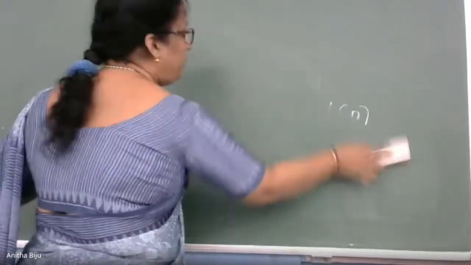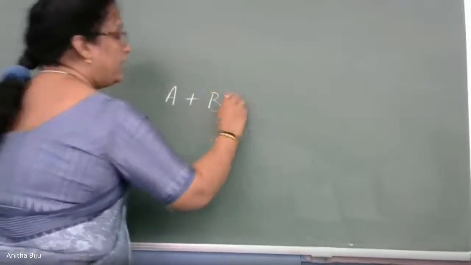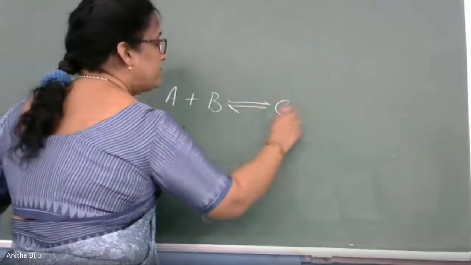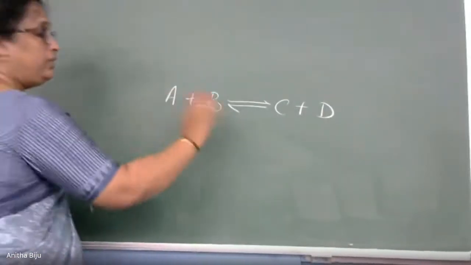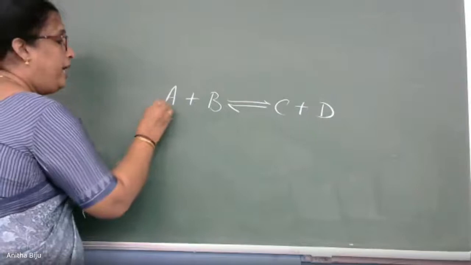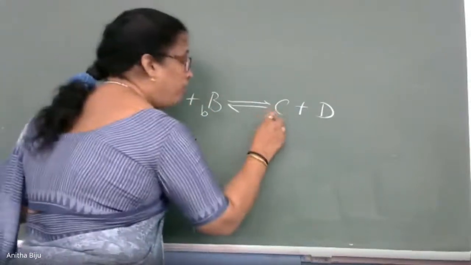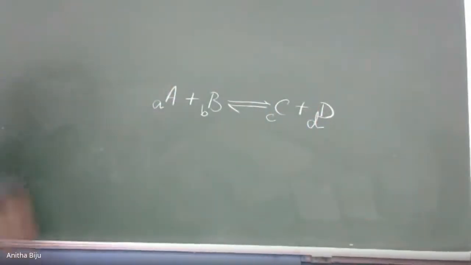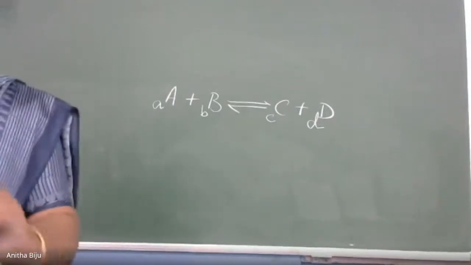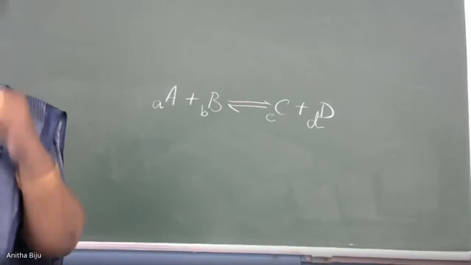You may remember this, we have already seen it in lower classes: aA plus bB giving cC plus dD. Here small letters represent the number of moles and capital letters represent reactants and products.